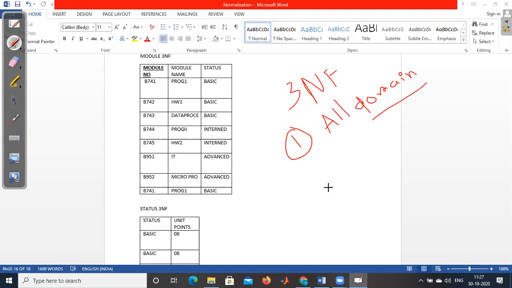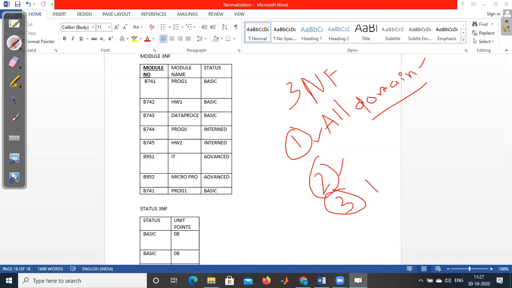So it is very simple. Second one, all non-key attributes should be fully dependent on the primary key or key attributes. That is second normal form. Then third normal form means it should be in the second normal form and the first normal form, and it should not contain transitive dependency.